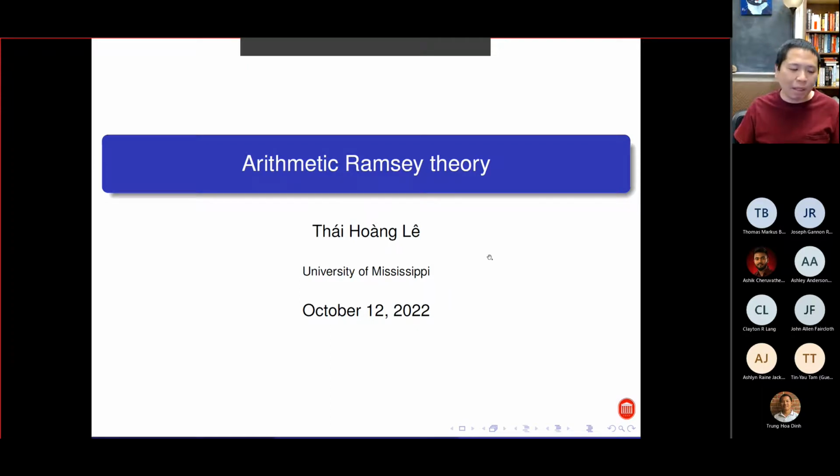So today I'm going to talk about arithmetic Ramsey theory, so you will see what it is about. What I like about this area of mathematics is that the statements are very elementary and easy to understand. But on the other hand, it involves many different areas of mathematics, and it is very interesting.